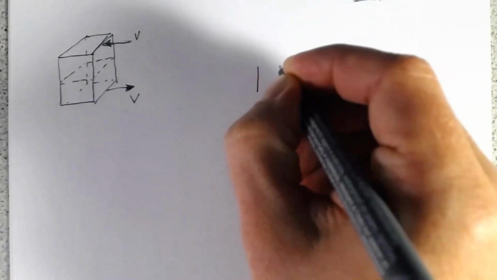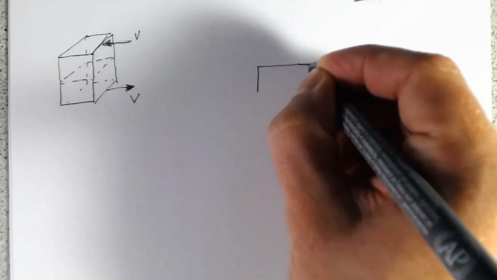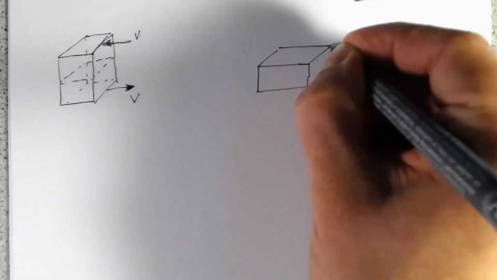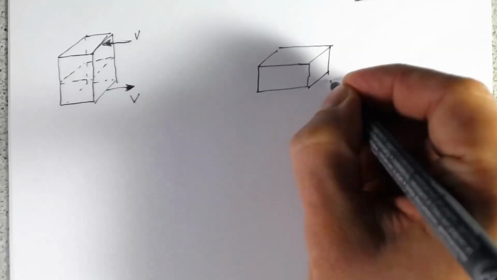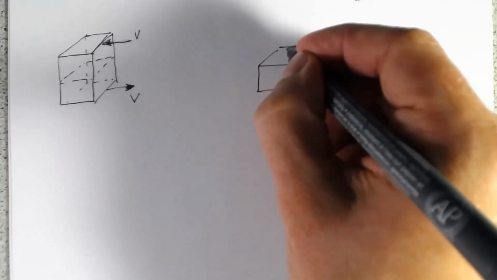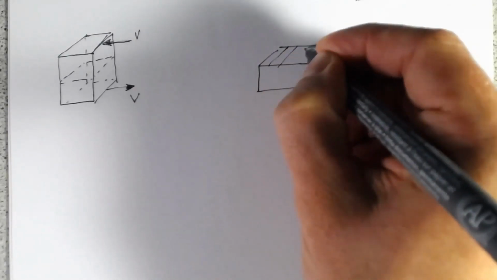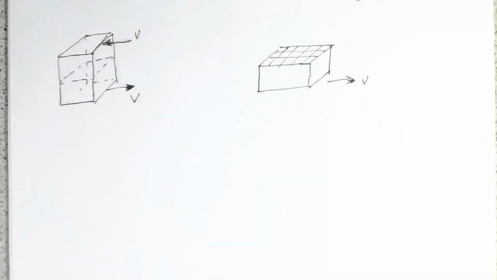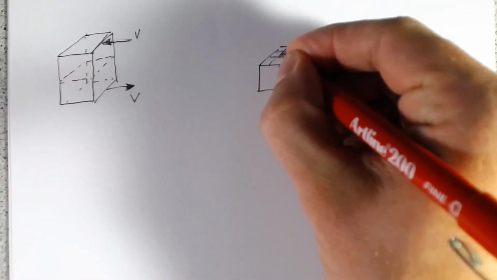At the bottom, we have our section here and our force V. Now, if we want to find the stress, just like we did with axial stress, we essentially broke up this surface into lots of little sections and look at, say, one little section.